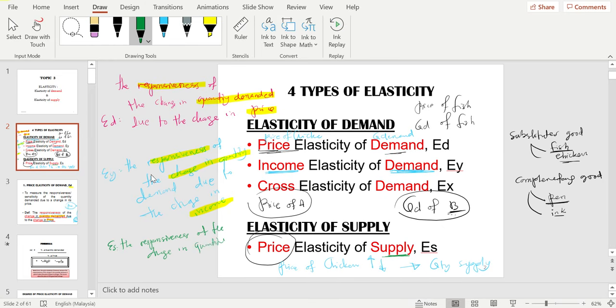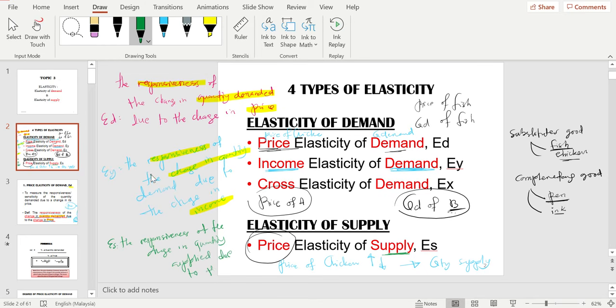Quantity supplied due to the change in price. Same definition as this one, just that you tukar kat sini instead of quantity demand, dia akan jadi quantity supplied. Still responsiveness due to the change in price. Same here. Because the price changes, how will it affect the quantity supply?